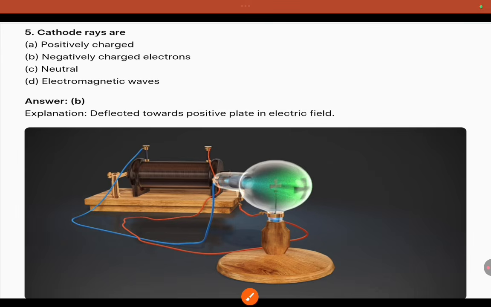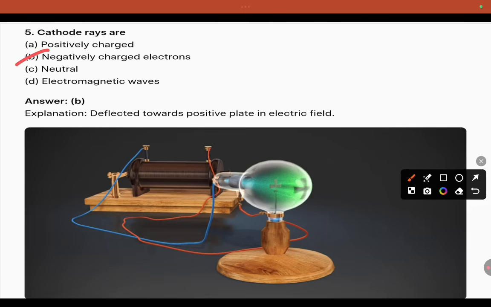Fifth one, what are cathode rays? Cathode rays were discovered by J.J. Thomson using the cathode ray tube experiment. Cathode rays are negatively charged electrons which are deflected by electric field and magnetic field. I am not giving all the explanations for the other options because it will be time consuming, so I am directly explaining the answer.